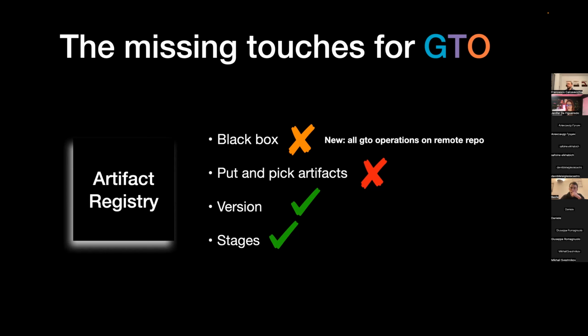Imagine every time git clone and git push, a bit annoying. Now I can run GTO directly against my remote repository, which is way better. And it's in the direction of having a black box. Of course, I need a URL, but I don't care what it is. It's a string in the end.